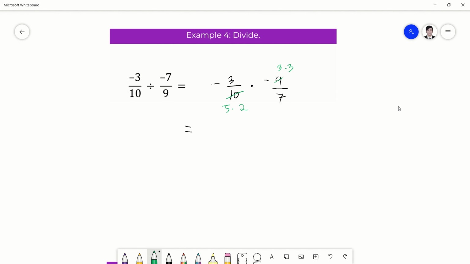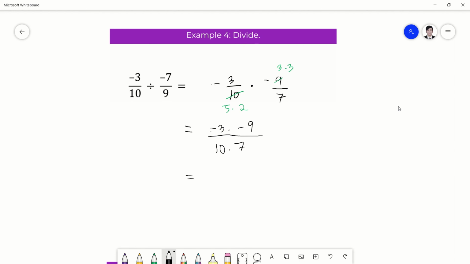And you see that there are no common numbers in the numerator and denominator. That means you just have to multiply the numerator with the numerator, denominator times denominator. So negative 3 times negative 9 all over 10 times 7.